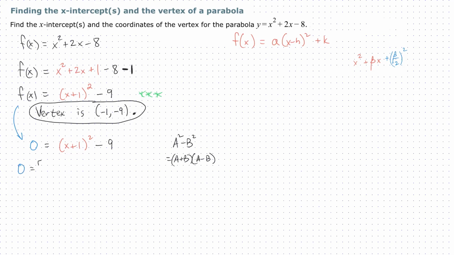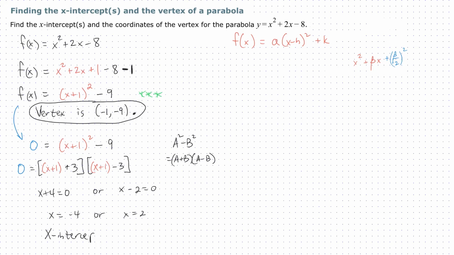This is equal to x plus 1 plus 3 times the quantity x plus 1 minus 3. And that isn't so bad. So x plus 4 equals 0, or x minus 2 equals 0. So x equals -4, or x equals 2.